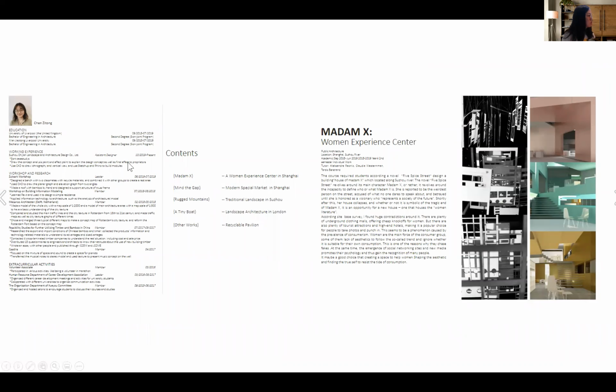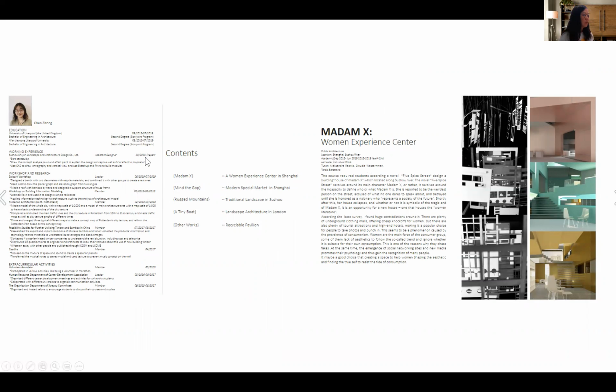So a lot of information and contents and a page break at the same spread. I don't recommend this example. Too much information. Too much is too much. The resume is too lengthy, and so are the contents.